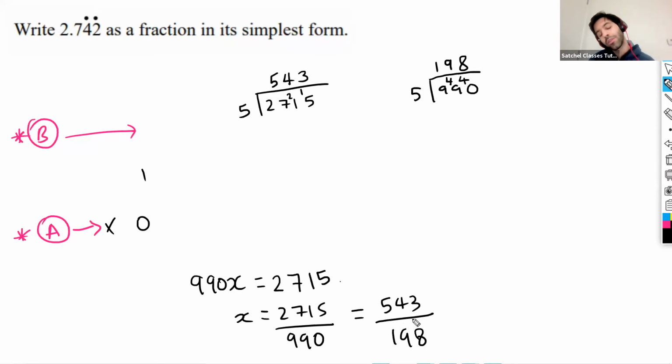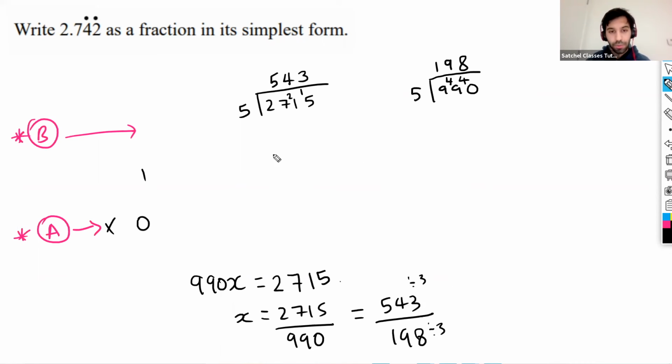198. Now notice one thing, we can use the divisibility test to work out what we can divide both numbers by. So 543, if we add the digits 5, 4, and 3, what we'll get is 12, and 12 is in the 3 times tables, so this number is divisible by 3. If I was to add 1 and 9, that's 10, plus 8 is 18. 18 is in the 3 times tables, so I can divide both numbers by 3 again.